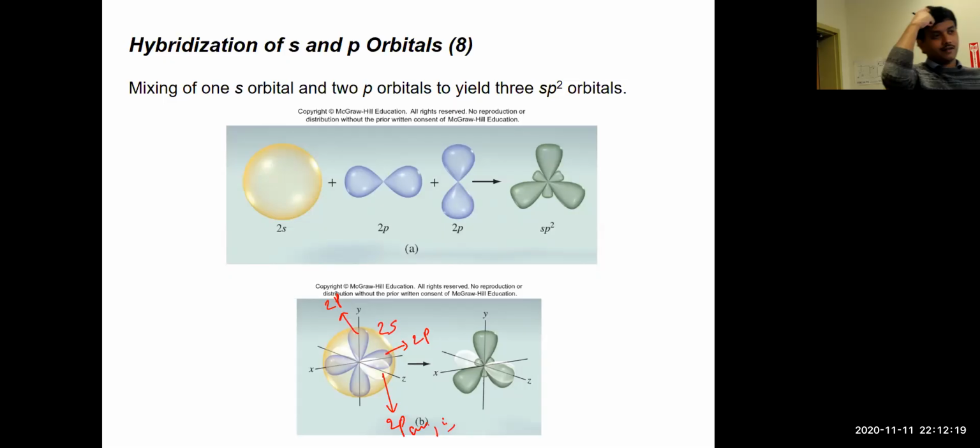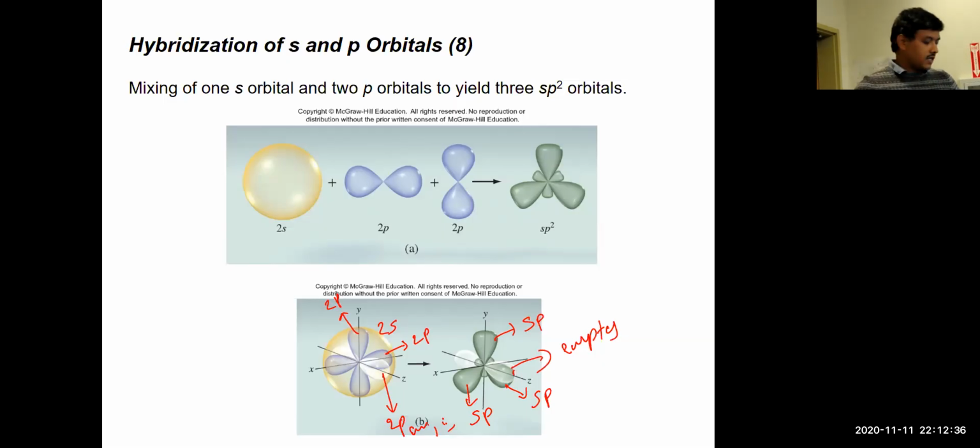But after mixing, you have an sp2 orbital here, another sp2 orbital here, another sp2 orbital here, and an empty orbital here. You cannot do anything with the empty orbital. You cannot eliminate it because it was already there.